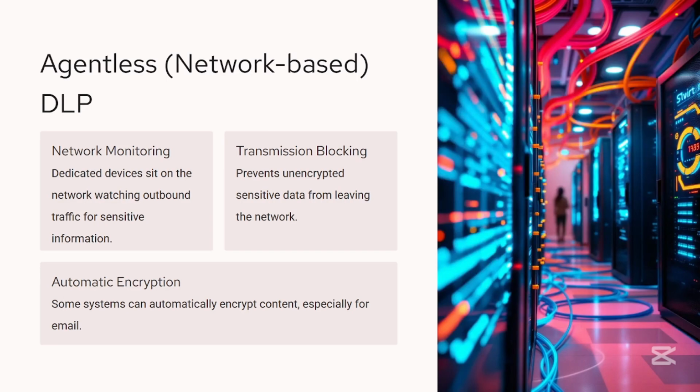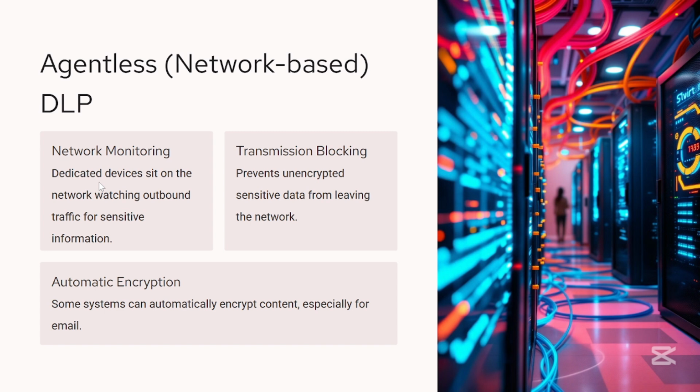Then next, let's look at agentless data loss prevention systems or network-based. Most people know them as network-based data loss prevention systems. So these are systems that sit on the network watching for outbound traffic for sensitive information.